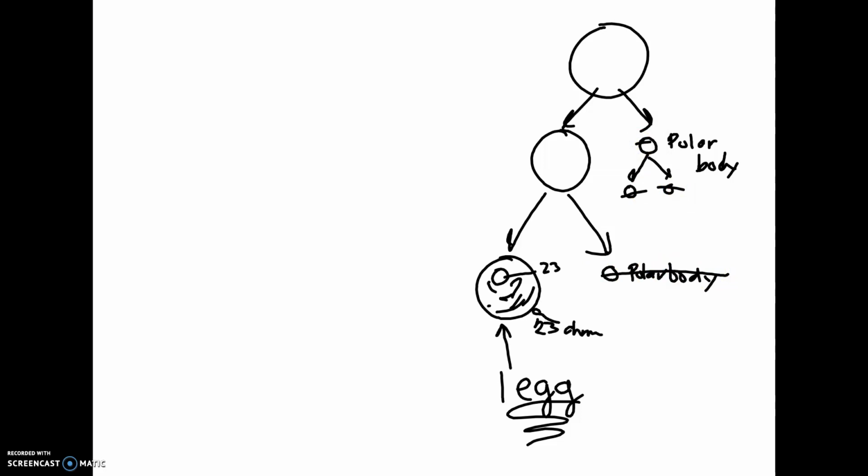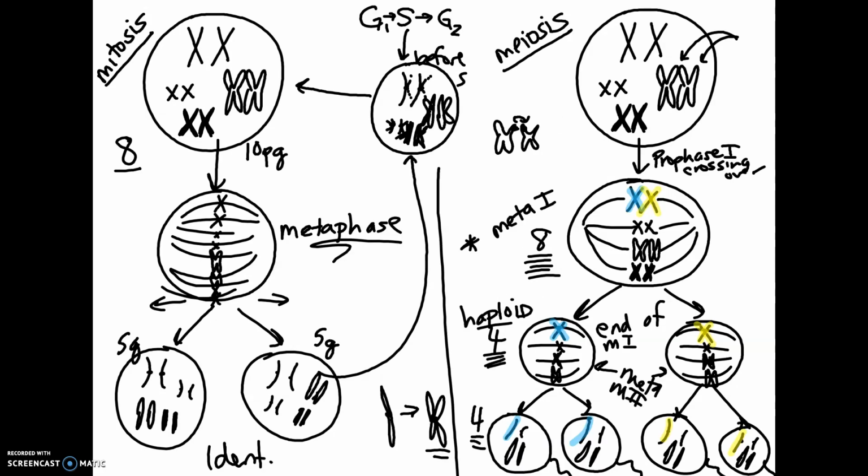And the last little thing I'll go back to, again, is independent assortment, the fact that it's random how they line up. Where does that happen? It happens in meiosis 1. If you want to get really specific, it's how they line up during metaphase 1 of meiosis 1. I have that one with the blue and the yellow, and I could do the same thing with the second one. Maybe this time the yellow one's on the left and the blue one's on the right.